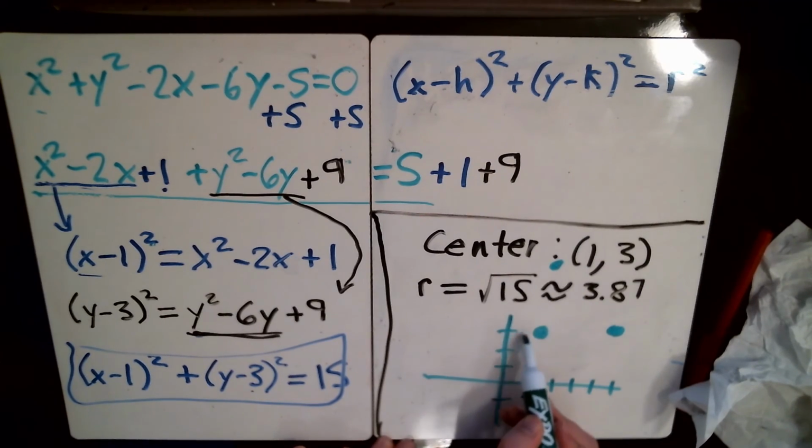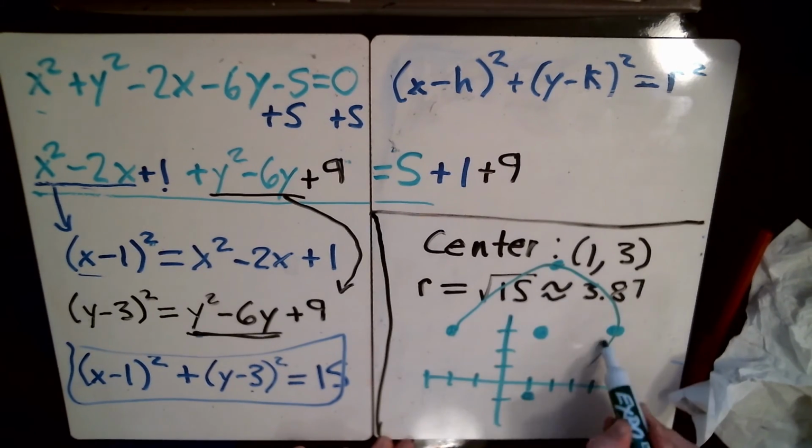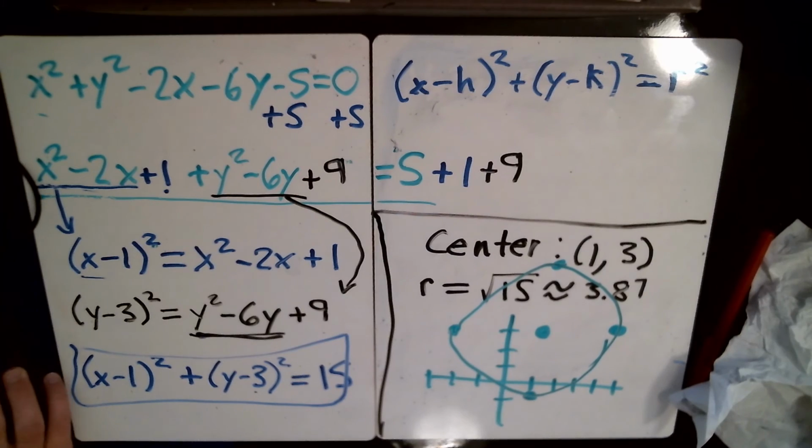And then we also go 1, 2, 3, 4. So a little less than that is over there. So our graph is going to look something like this. Beautiful circle, right? Very beautiful circle. So that would be the graph of this circle.